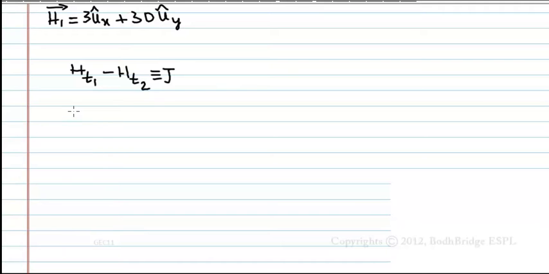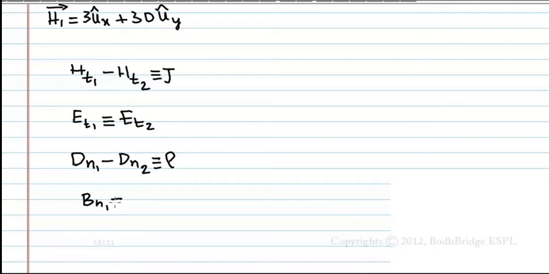And ET1 is equivalent to ET2. The third one says DN1 minus DN2 is equivalent to rho, the charge density. And the fourth one, Bn1 is equivalent to Bn2. These are the boundary conditions.